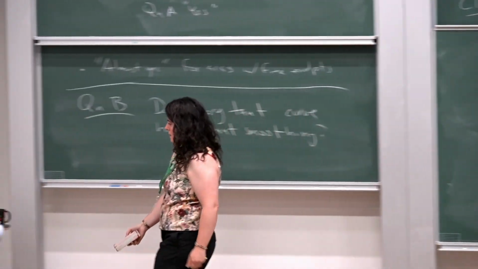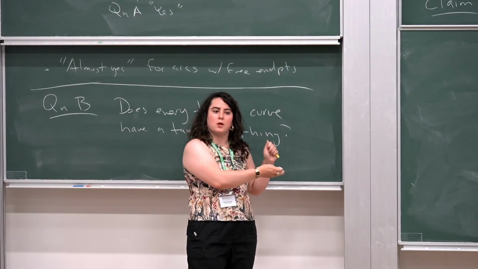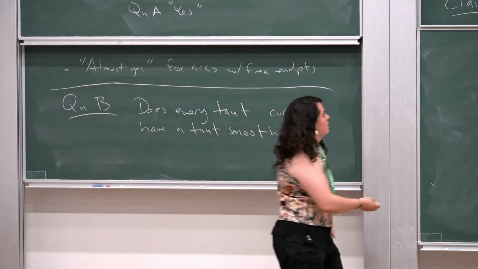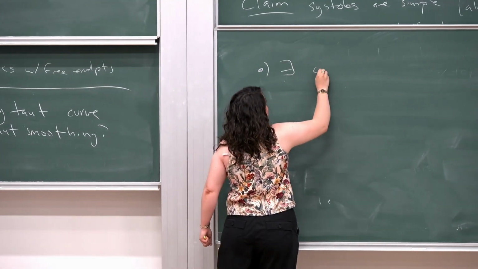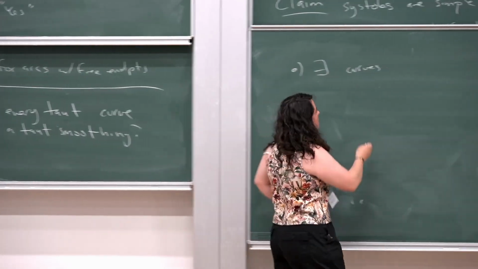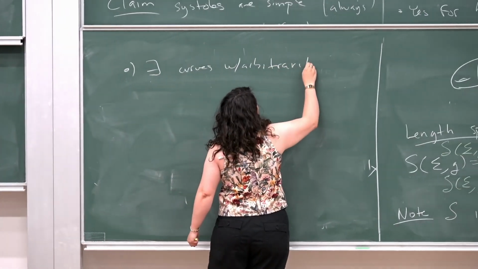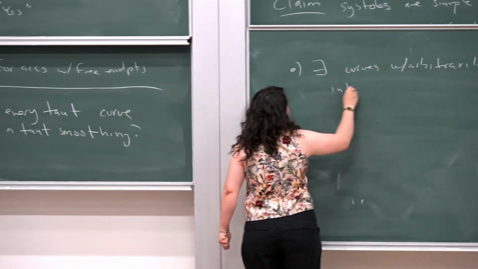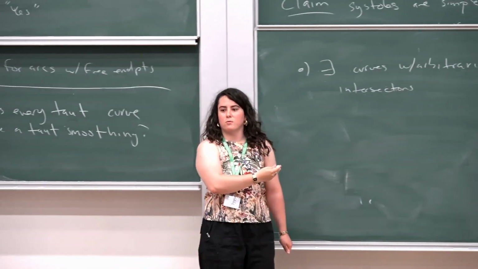So sort of what's happening here is that if you just try to perform this operation at random, you're likely going to get something that is not taut. So there are examples of curves that have any number of intersections and only one taut smoothing.